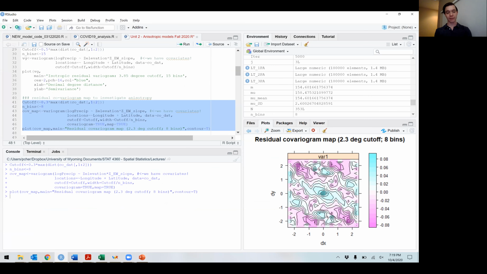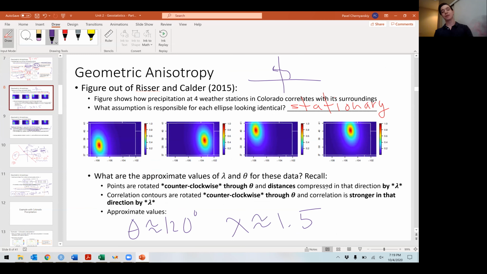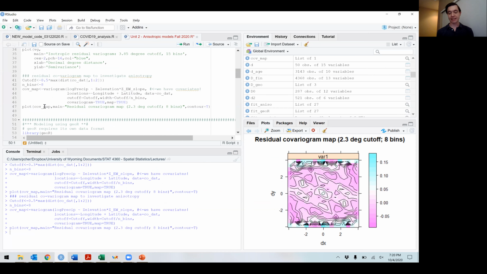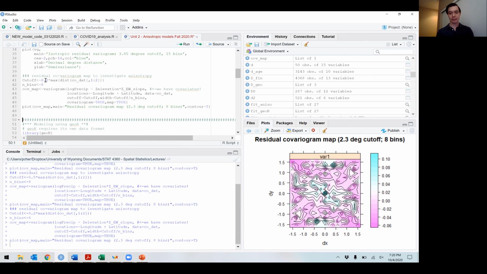Residual covariogram map, correlation ellipses. Interesting, very interesting. Of course, the look of this covariogram map very much depends on my distances. So here I increased my cutoff distance. Here I will decrease my cutoff distance. And it changes whether we pick off something that is closer to 90 degrees or farther from 90 degrees.